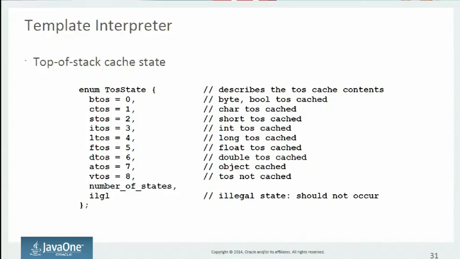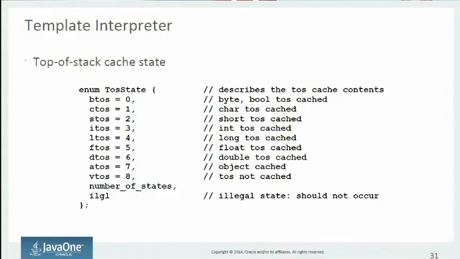Okay, so we mentioned the top of stack cache state. I'm going to go into this in just a little bit of detail because it's a little bit confusing. There's an enumeration within HotSpot which tells the interpreter at any given point in time what state this top of stack register cache is in.